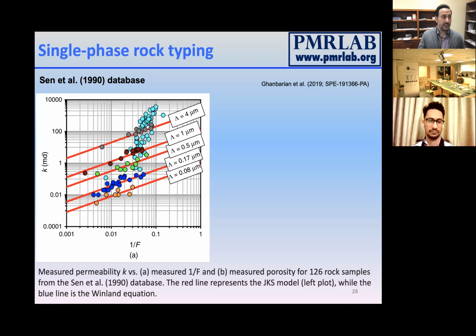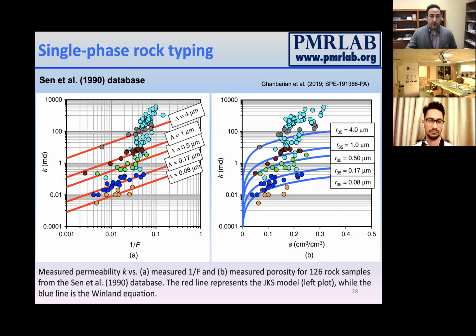Okay, for the first database, Sen et al. 1990, we mainly found 5 different rock types. Of course, you can define some other subcategories and subgroups, but we tried to come up with the most reliable rock types we could.